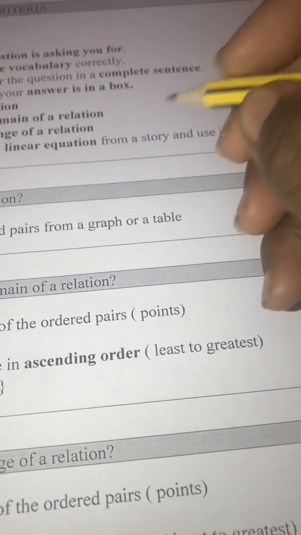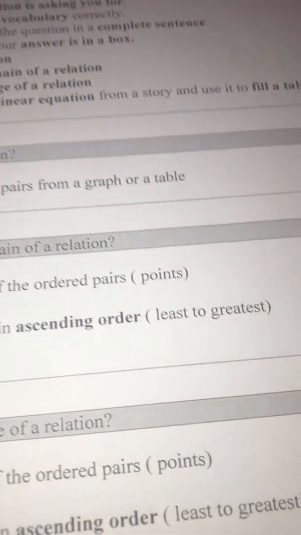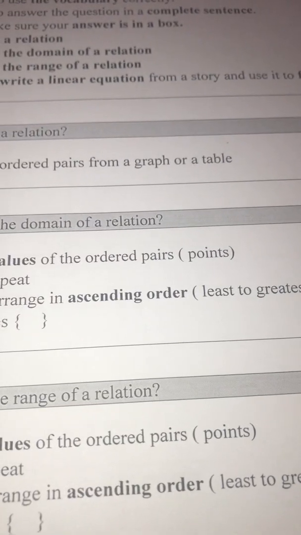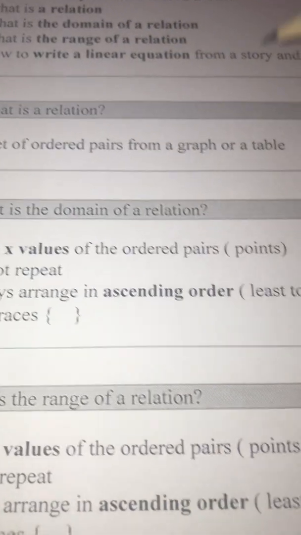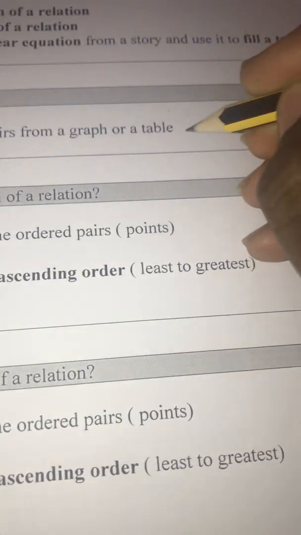What is a relation? It is any set of ordered pairs from a graph or a table. You can also do it from a story or from an equation. I don't know why the book just says graph, add equations.